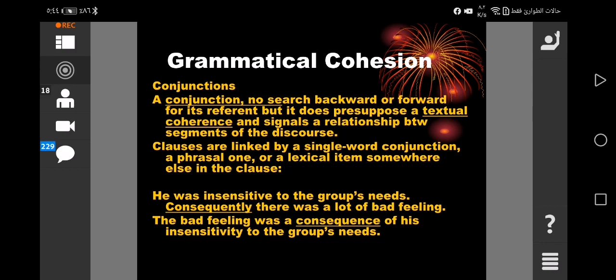So, take this example. He was insensitive to the group's needs. Consequently, there was a lot of bad feelings. You see, consequently connects the first sentence to the second. This is at the level of connecting clauses. The bad feeling was a consequence of his insensitivity to the group's needs.